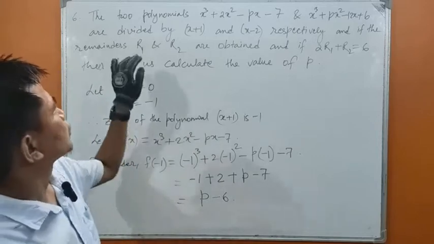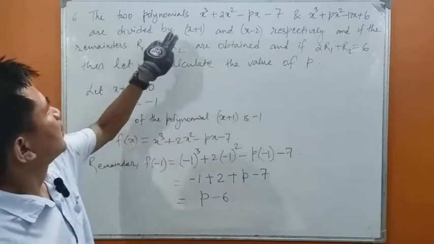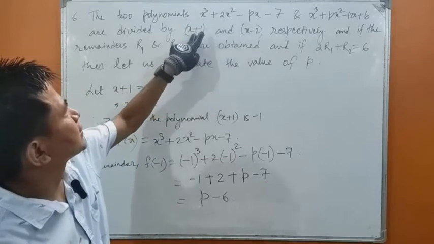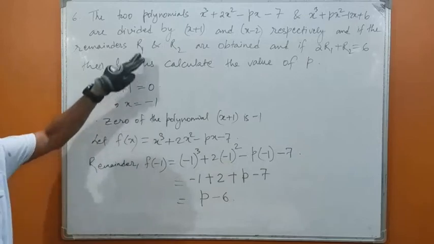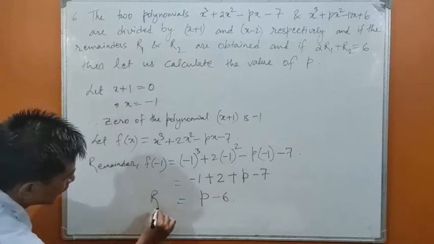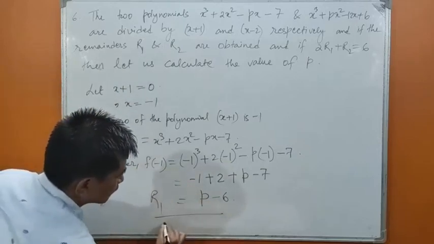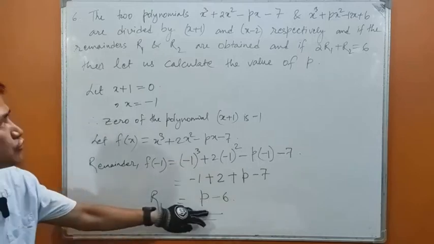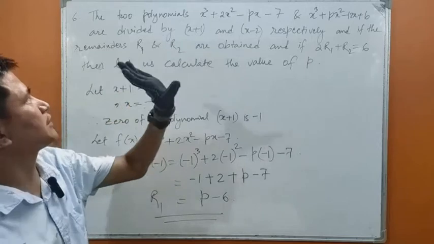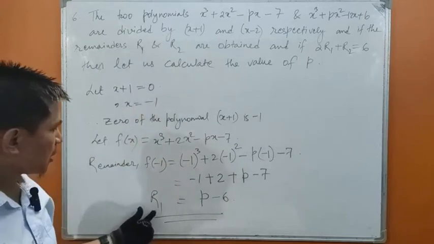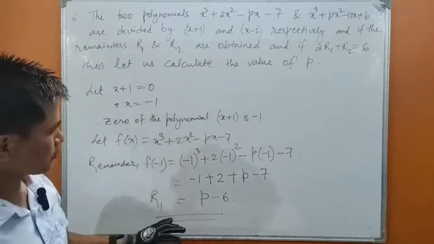But the question says when we divide this by this, the remainder will be R1. That means this is R1, isn't it? So R1 equals this, because when we divide this expression by this, whatever the remainder is, that remainder is R1. So please copy this.